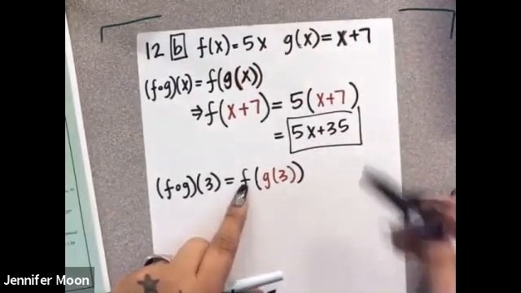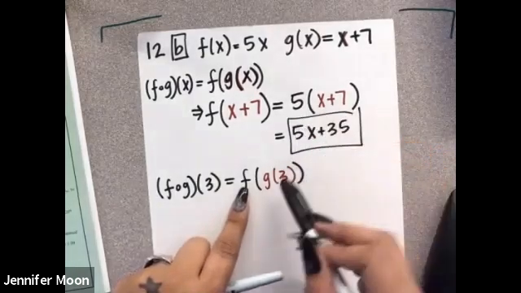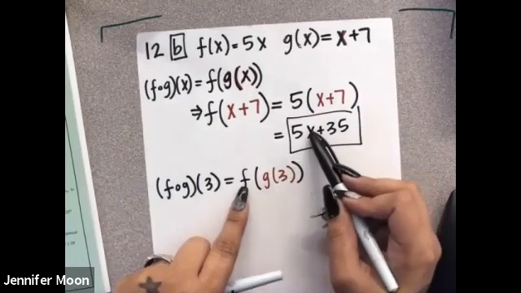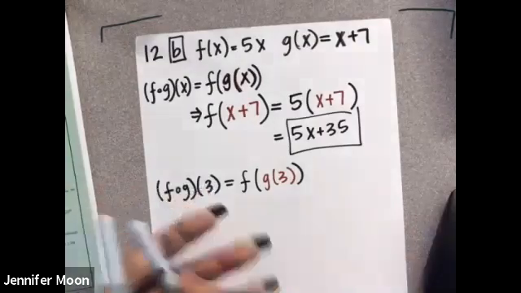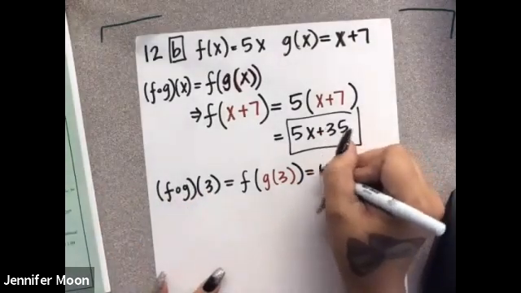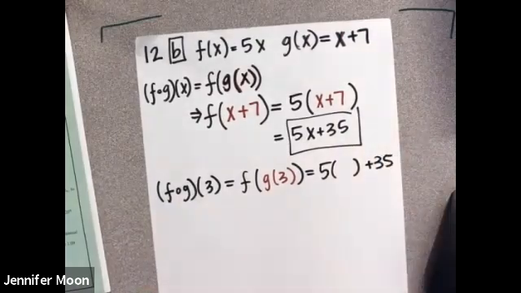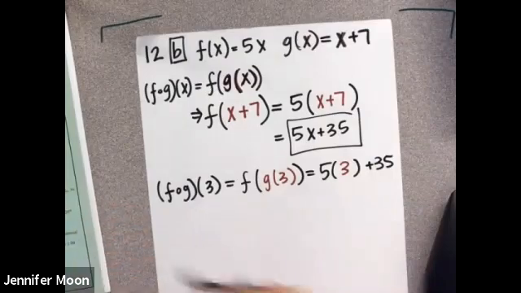Or if you wanted to, this is what I just solved when I plugged them into each other, right? You can actually just take this 3 and plug it right here, and you get 5 times 3 plus 35, so 15 plus 35, which is 50. So either way you do it, it's fine. I'm actually going to use what I just solved and plug in the specific value they want me to find.